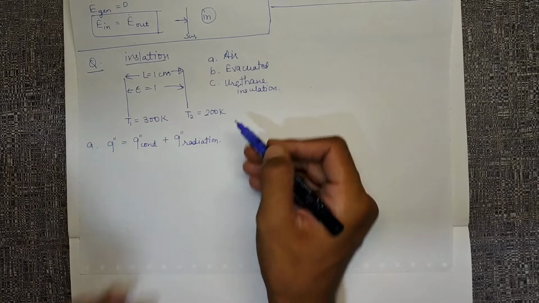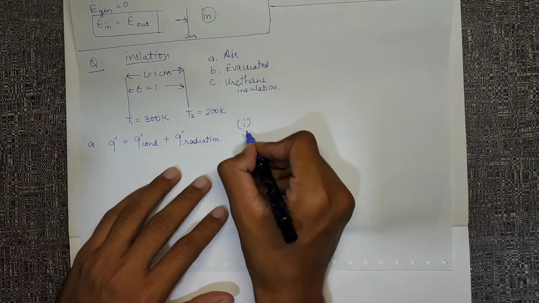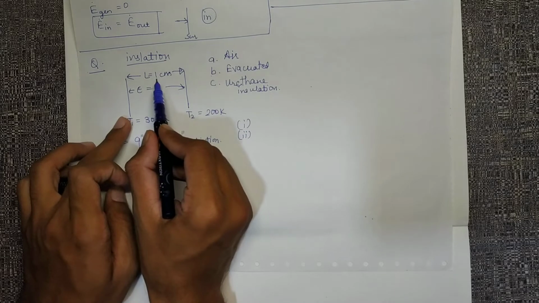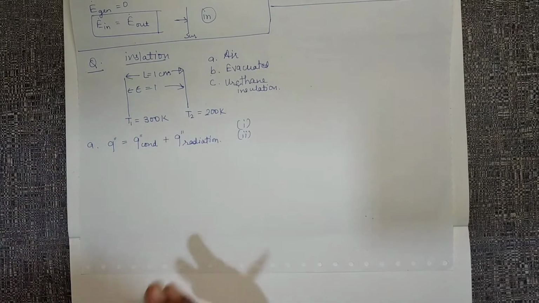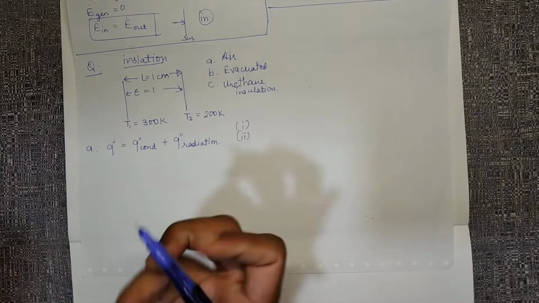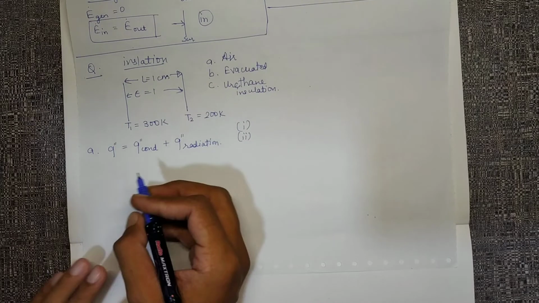The first reason is that it is natural convection. The second reason is the space between these two surfaces is only 1 centimeter, which is a very small space. That's why the extent to which natural convection will occur is very small, so I am neglecting convection. Otherwise convection will also occur.